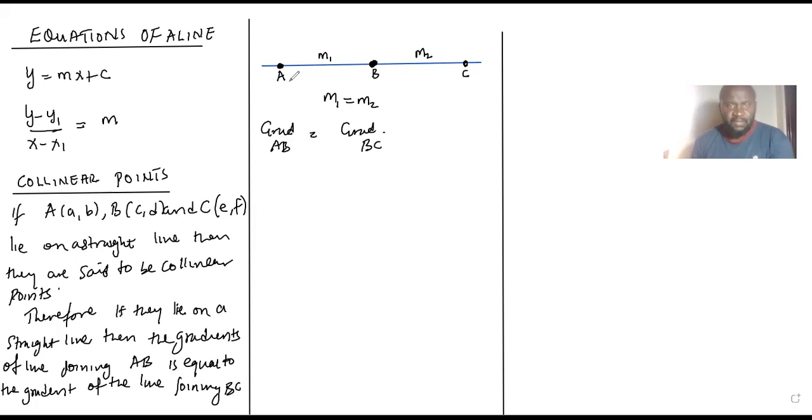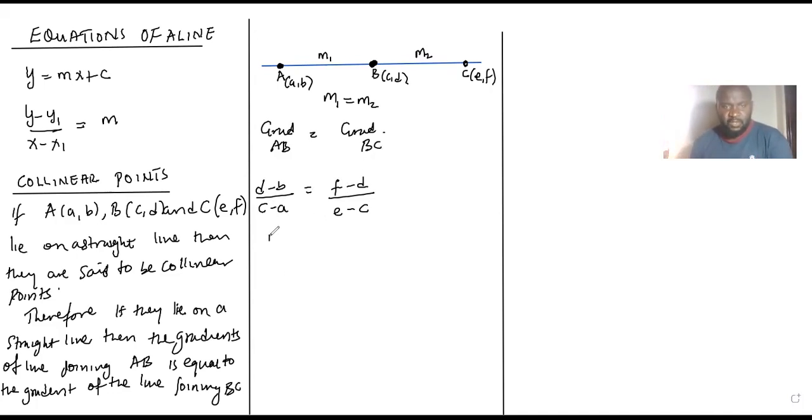Now the gradient of AB, remember A is (a, b), B is (c, d), C is (e, f). So the gradient of AB will be (d minus b) over (c minus a), which should be equal to the gradient of BC, (f minus d) over (e minus c). If you confirm that, then these points are collinear.